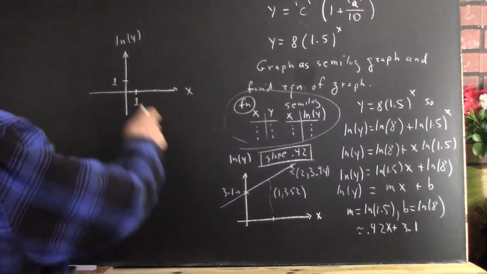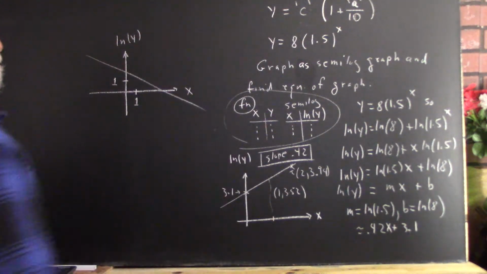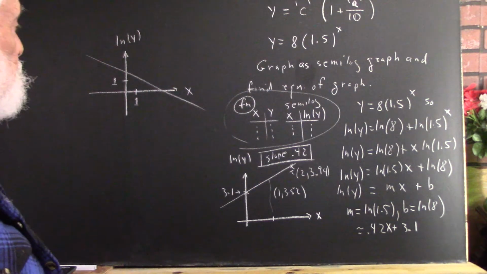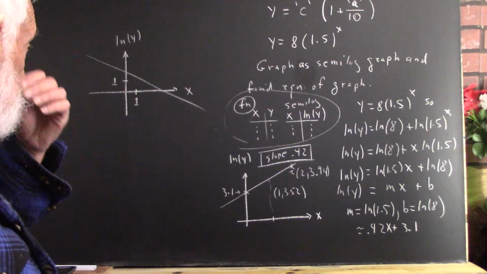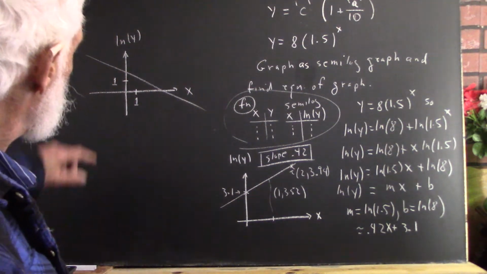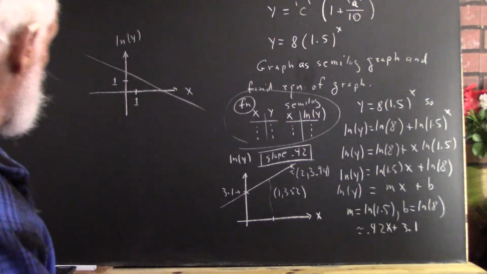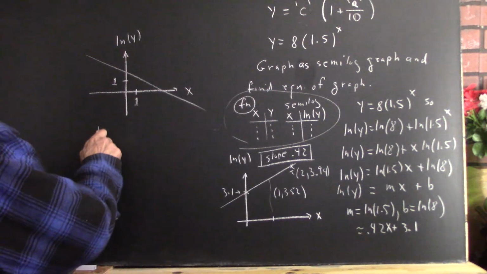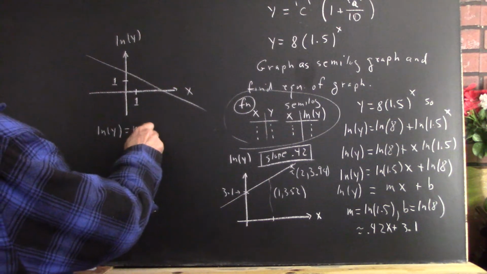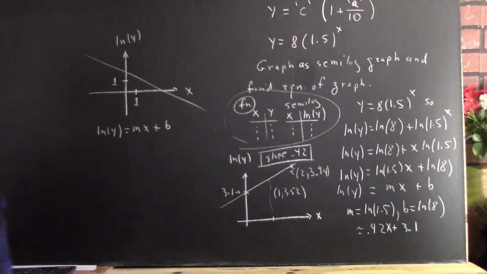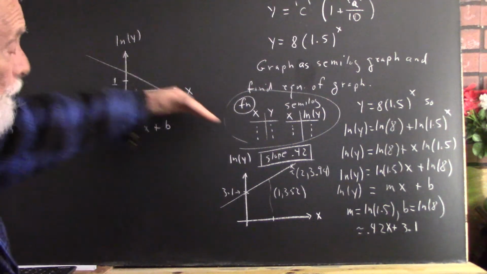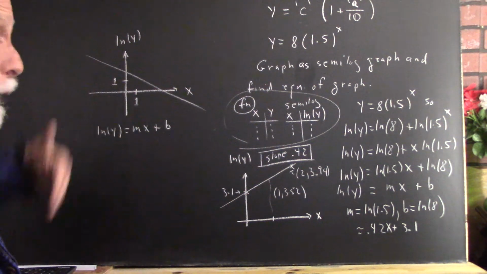And let's say that the graph is this. Okay, so this is a straight line graph, meaning that natural log of y is like mx plus b, where m is the slope of this line and b is the y-intercept.